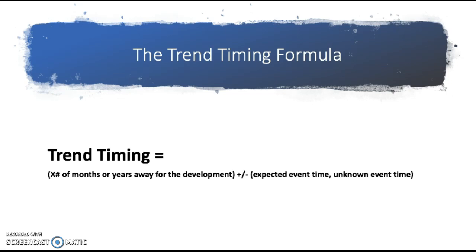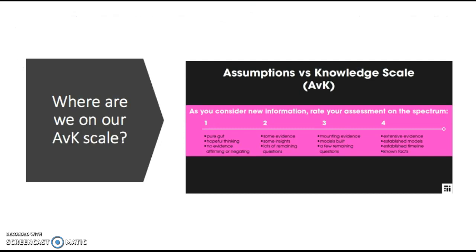So this is your trend timing formula. I know it probably looks scary, but it's not really, trust me. So once again, we go back to our AVK scale. Use the AVK scale to assign an impact score to the contributing factors associated with your trend.